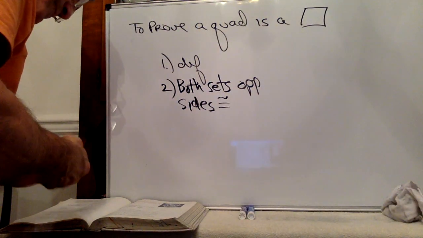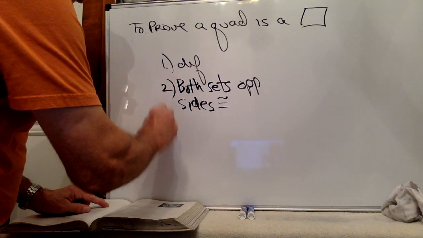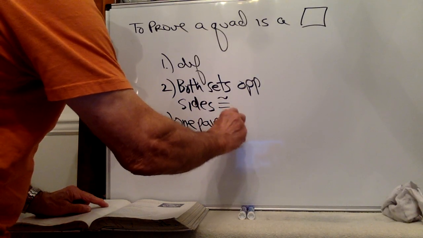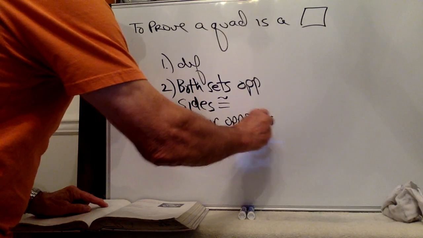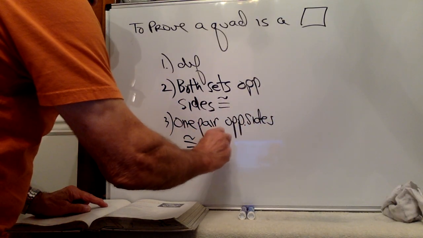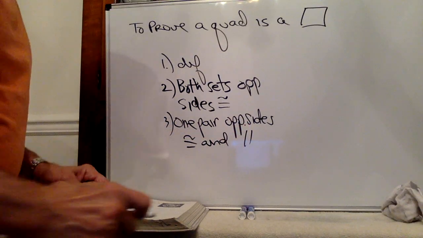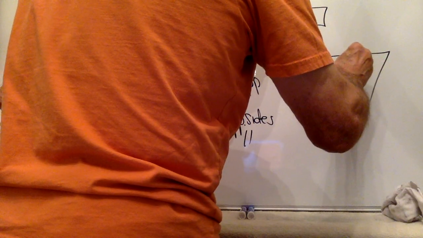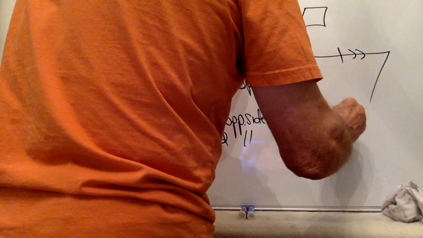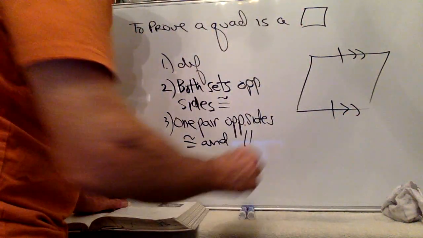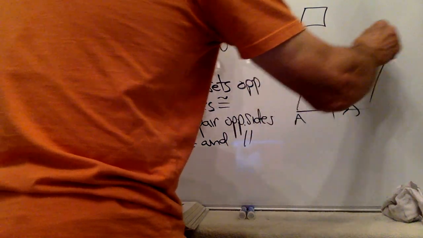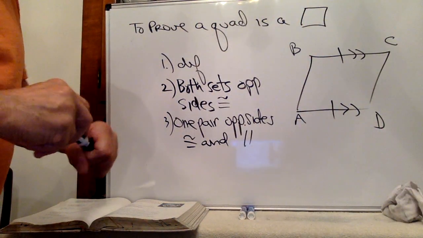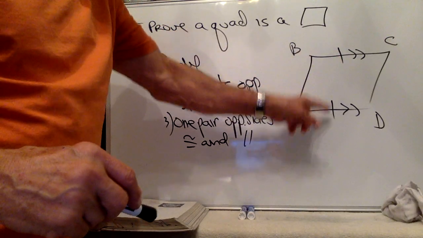A third method, if one pair... if you ever get a figure that looks like this, side AD is not only parallel to BC, but they are congruent.